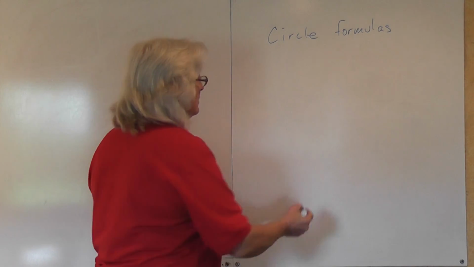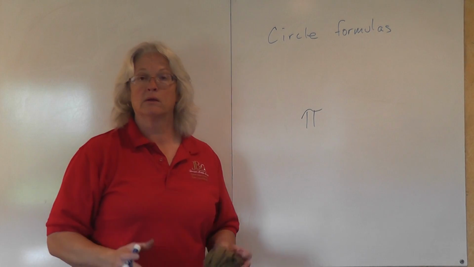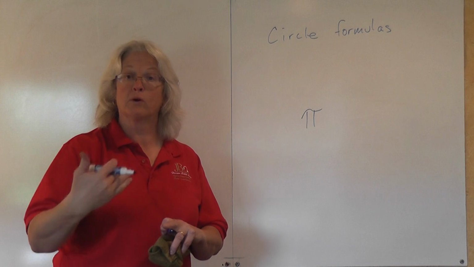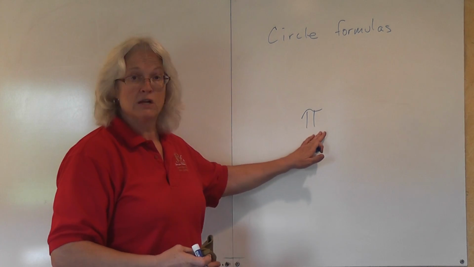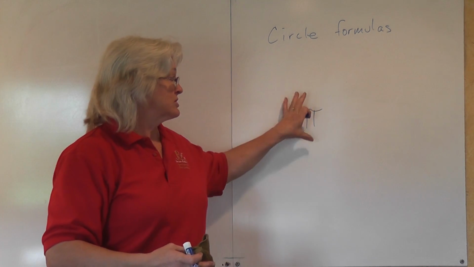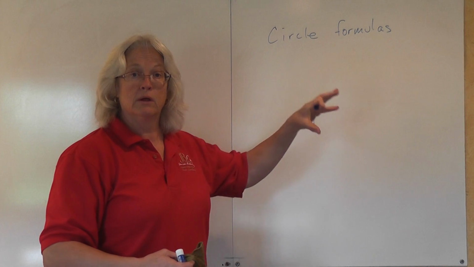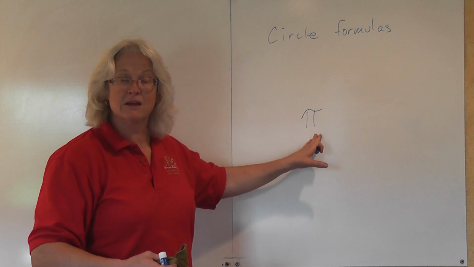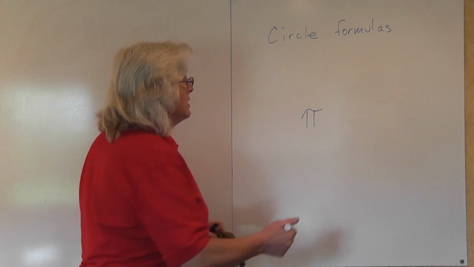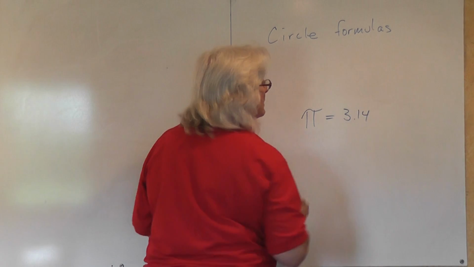Pi is a letter in the Greek alphabet, and when you move further in your math studies or in science, they're not going to use an estimation for pi. They're just going to use this figure here. But in pre-algebra, we're going to say that the value of pi is approximately equal to 3.14.